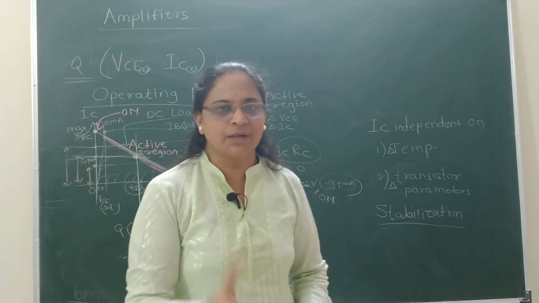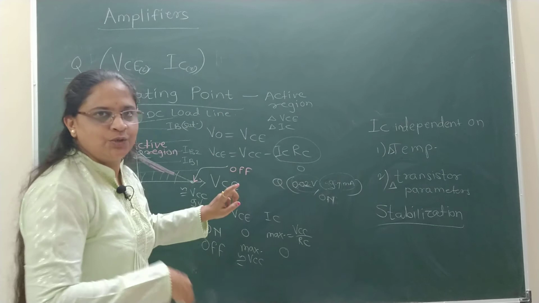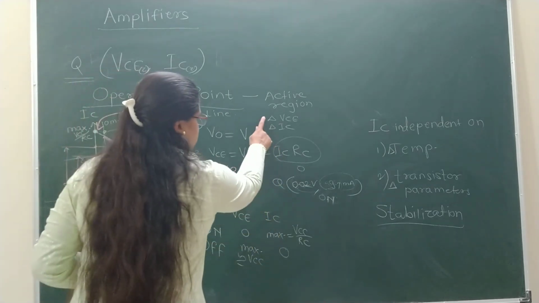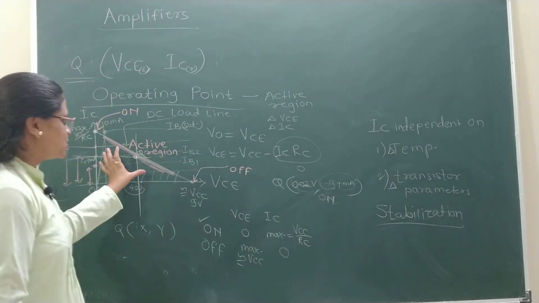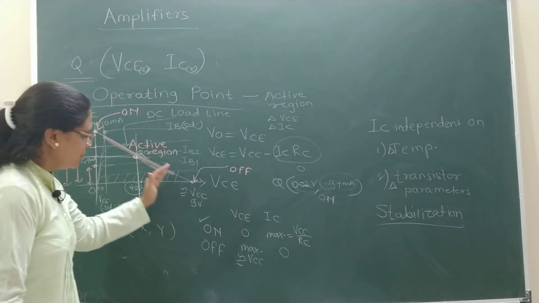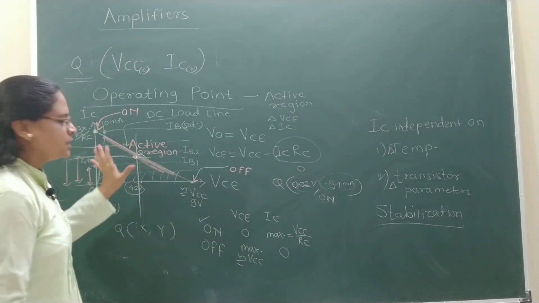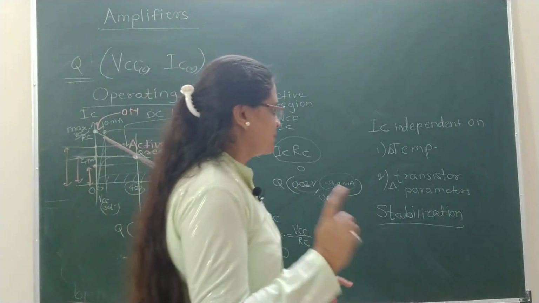But always remember, the operating point has to remain in the active region. When you apply any signal, audio or video, for amplification, it may change VCE and IC, and that may change the working condition of the transistor. Either the Q point may shift towards cutoff or it may enter into saturation. But this should not occur. But there are certain conditions where IC may change.